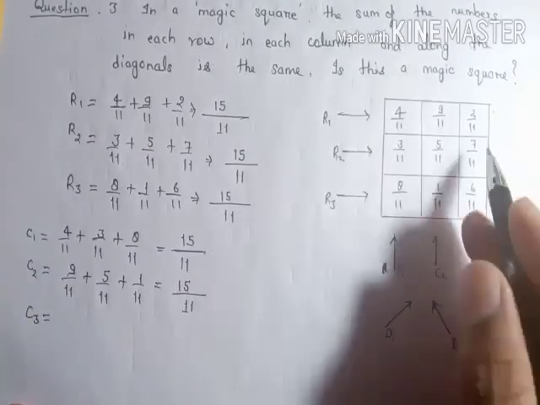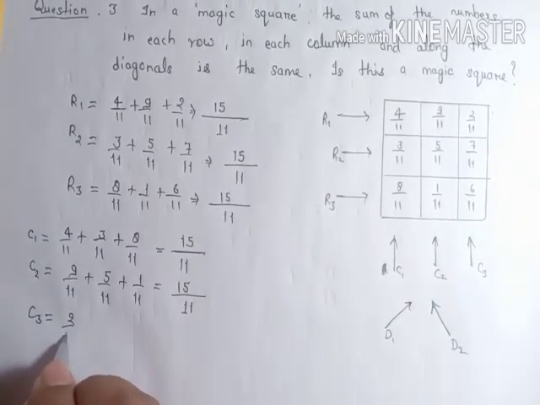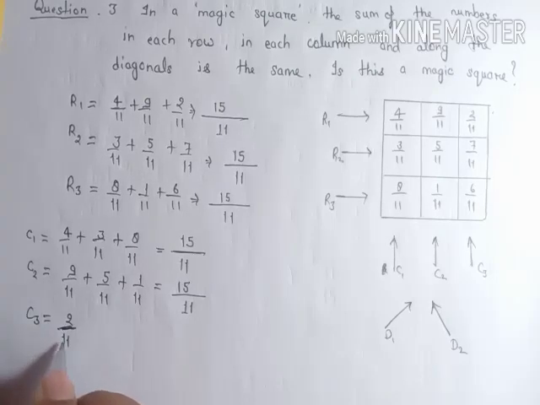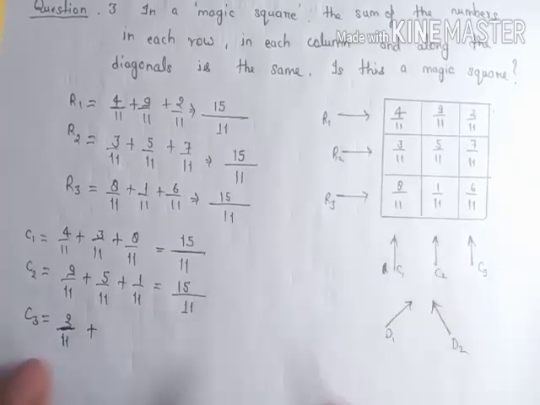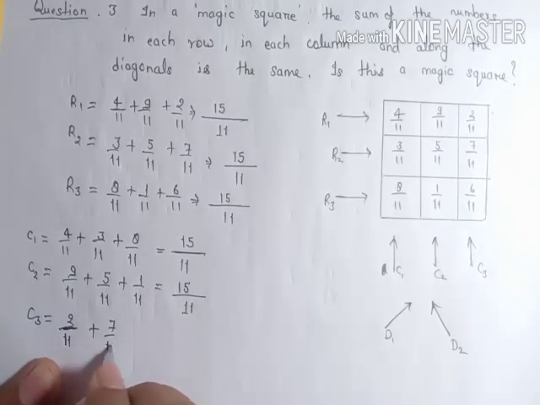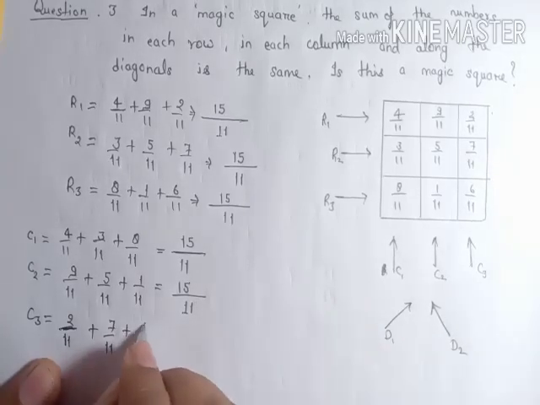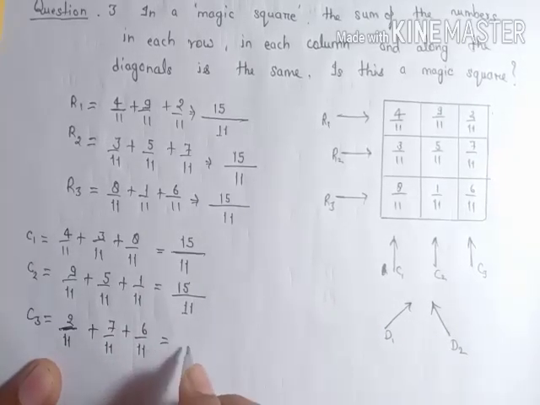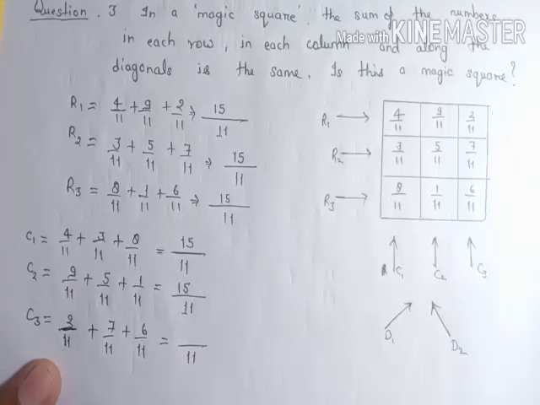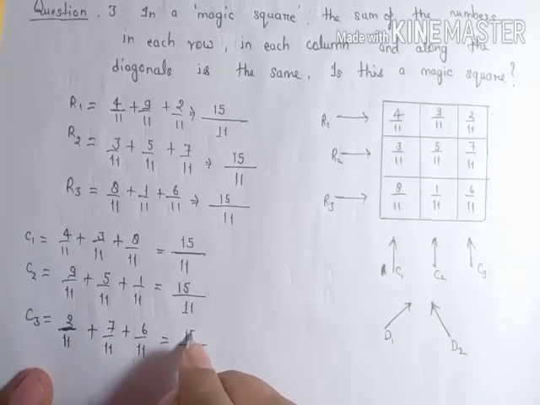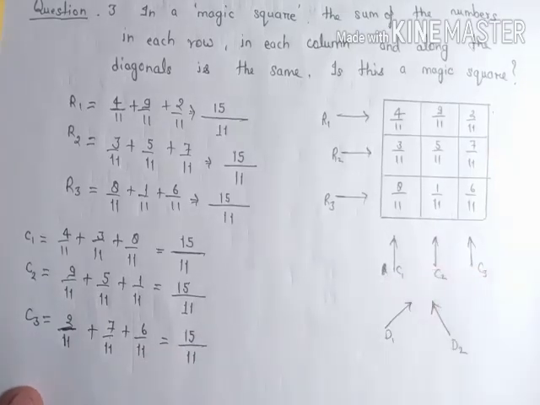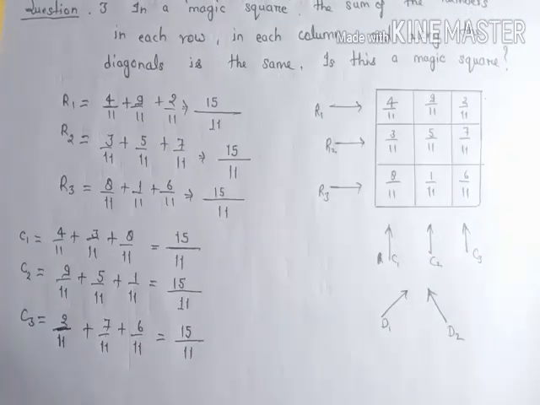Here it is 2 upon 11 plus 7 upon 11 plus 6 upon 11, and 11 will be the LCM. 2 plus 7 is 9, 9 plus 6 is again 15. So all the rows and all the columns give the same sum, that is 15 upon 11.